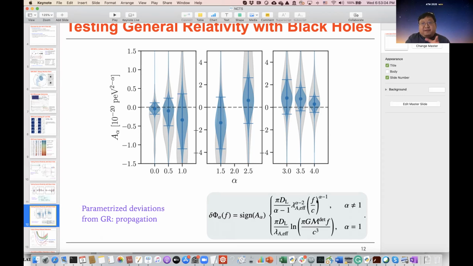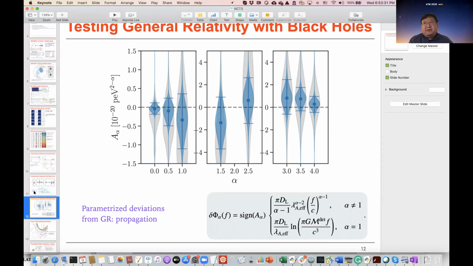For different values of the power law, we can constrain the coefficient in front of these modifications. And we have also seen from the data that there is no systematic discrepancy of the dispersion of the waves within our statistical uncertainty.